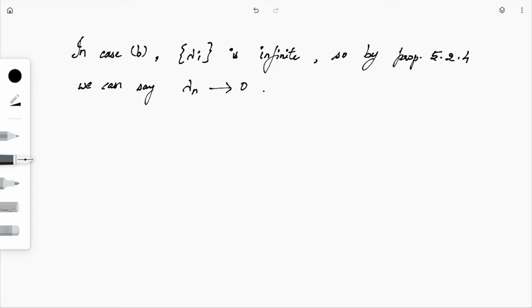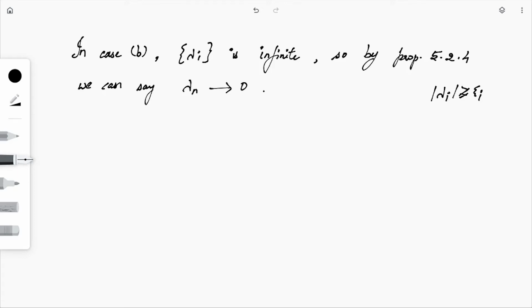That was because we had said that the set of eigenvalues for a symmetric compact operator, where the modulus of lambda i is greater than or equal to epsilon, is always finite.